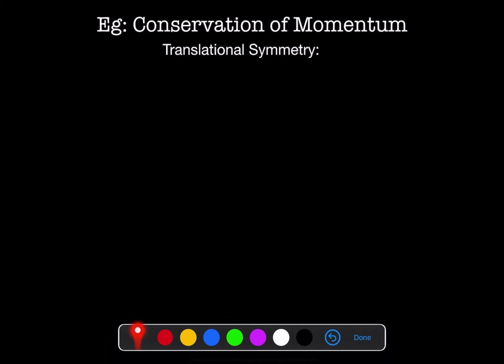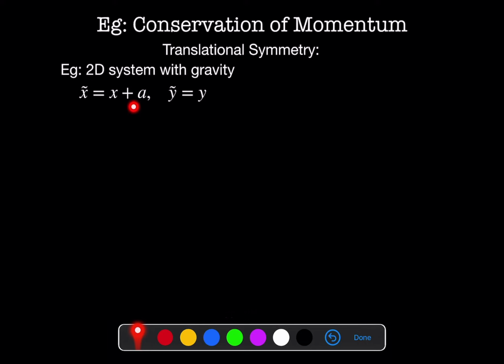Imagine we have a continuous translational symmetry, which we do, for instance, in a 2D system with gravity. It doesn't matter where I pick the origin of my coordinate system. I can pick it at x equals 0 or at x equals a, and either one is completely interchangeable. In this case, y does not have this symmetry.